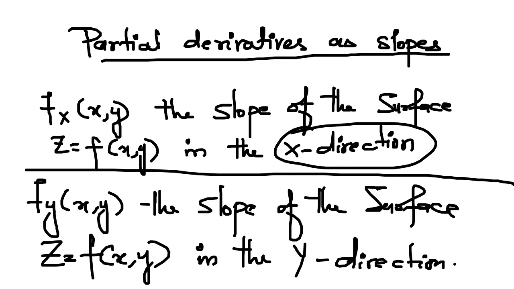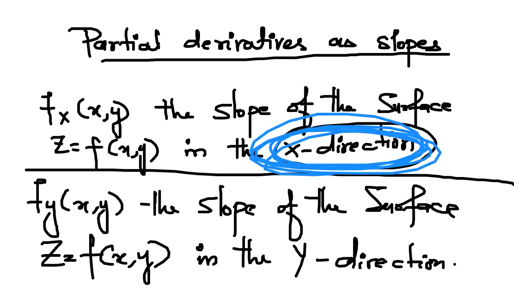Okay, so don't confuse in the exam. If I ask you to find the slope of the function in the y direction or x direction, you have to simply find the partial derivative with respect to x or with respect to y. If it is given that you have to find along the x direction, it means you have to do the partial derivative with respect to x.